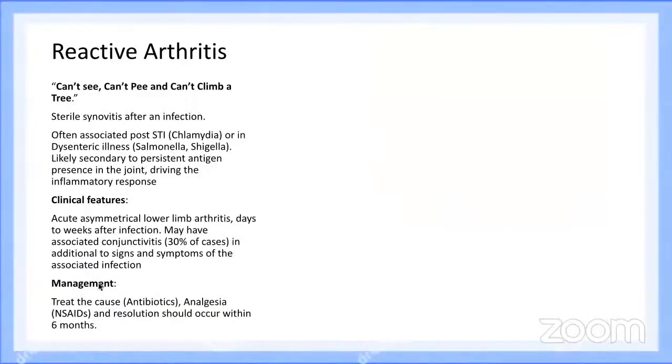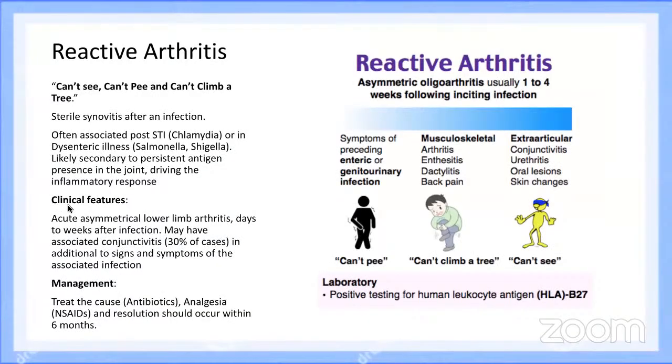Okay, and then reactive arthritis is the last spondyloarthritis we'll talk about. This goes with the saying "can't see, can't pee, can't climb a tree", often associated with sexually transmitted infections or dysenteric illness, likely secondary to persistent antigen presentation in the joint.